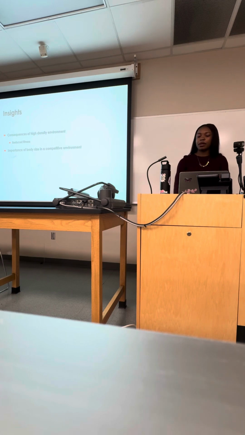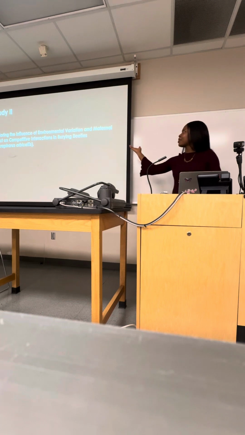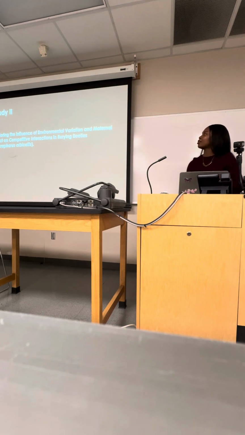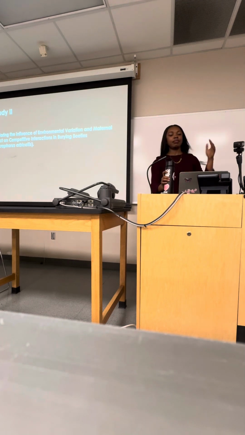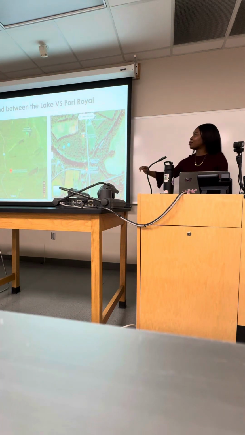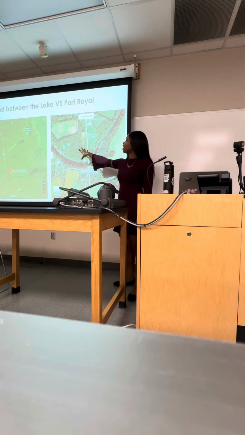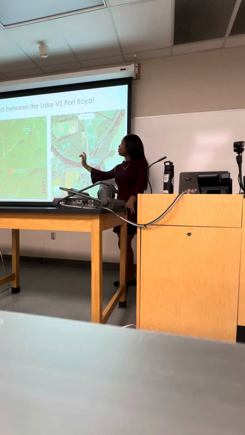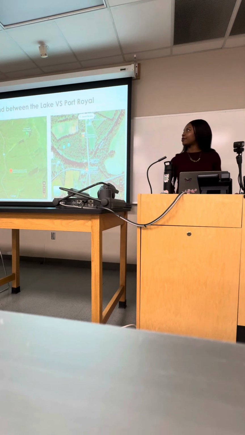So this brings me to my second study, exploring the influence of environmental variation and maternal effect on competitive interactions in burying beetles. For this study, I'll be focusing on two populations of burying beetles. One of them is Port Royal State Park, which is just a small patch of land by the river, and the other population is Land Between the Lakes, which is a huge patch of forest.